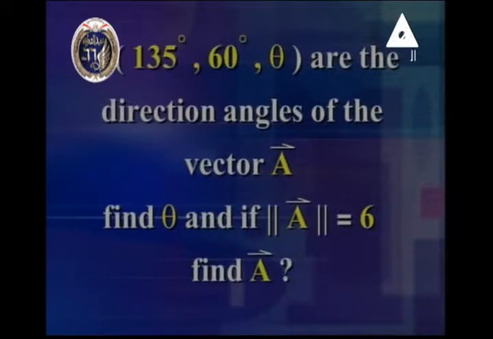We have a rule. What is the rule? A vector over norm A equals what? Cosine theta x, cosine theta y, cosine theta z. By using this equation, we solve to find the value of theta and the vector A.